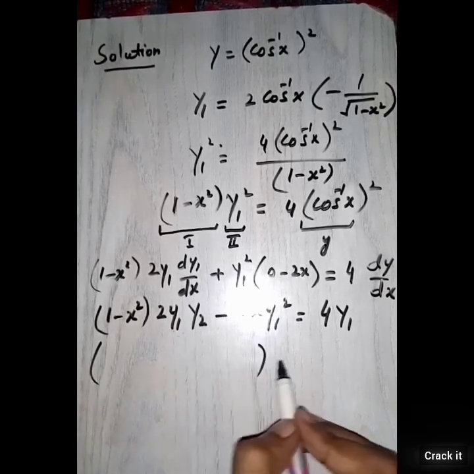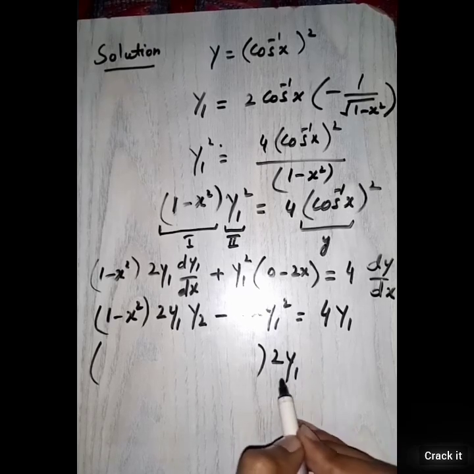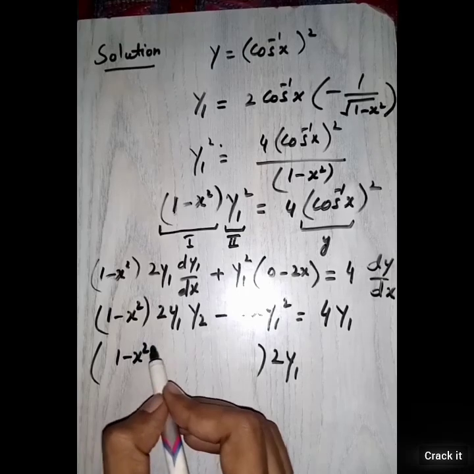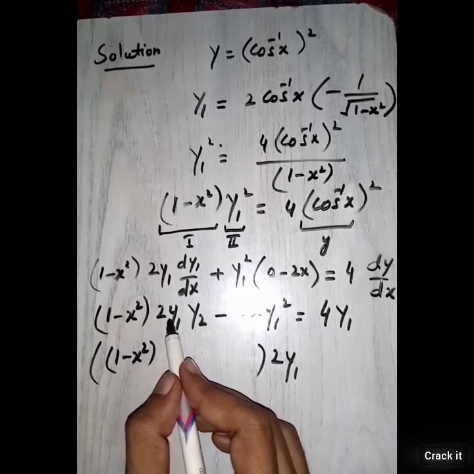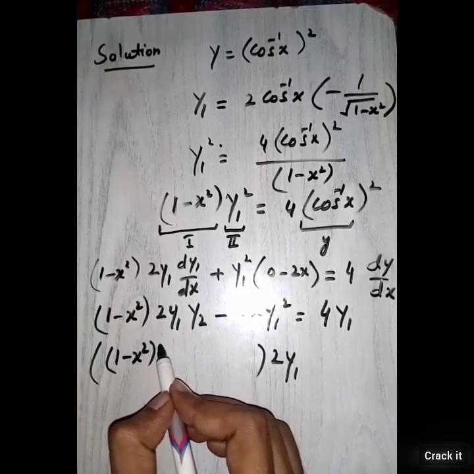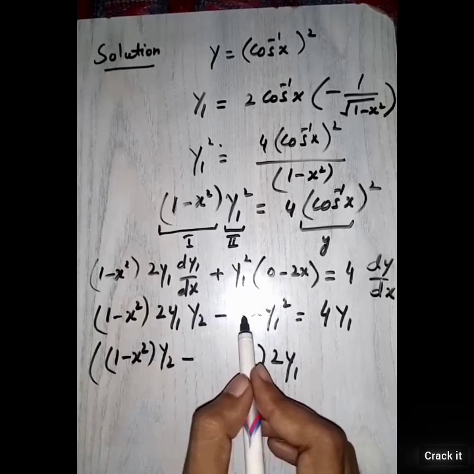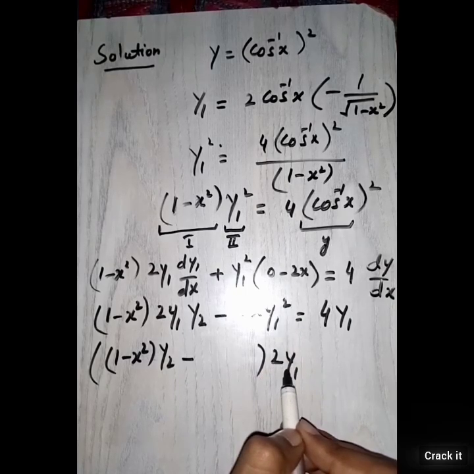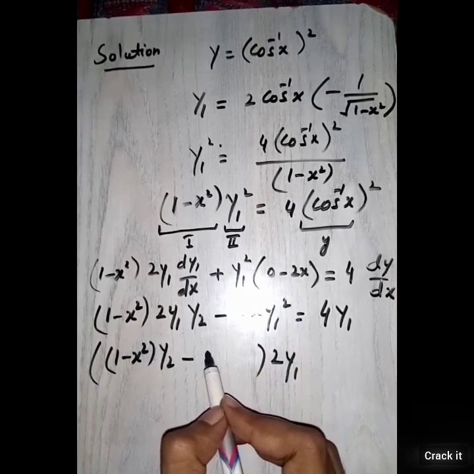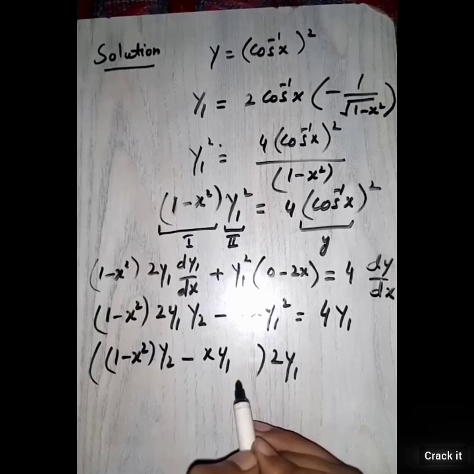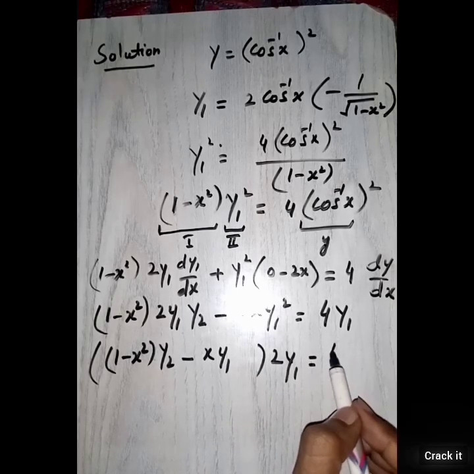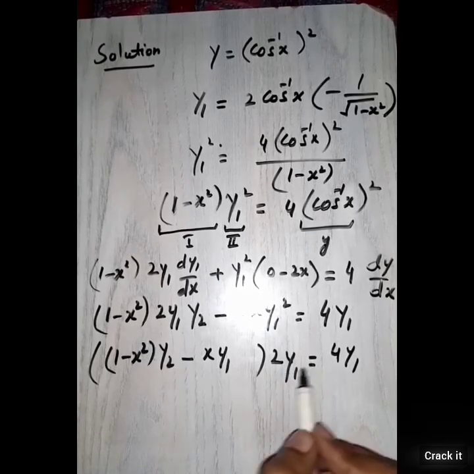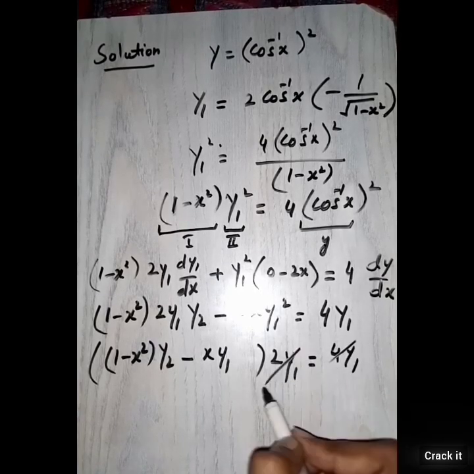We will take this 2y1 as common, and after taking it as common, we are remained with 1 minus x square into, as this 2y1 is taken out as common, so here we are remained with y2 minus, as this 2 is taken out as common, and 1 y1 from this y1 square is taken out as common, and we are remained here with x y1 equals 4y1, and this 2y1 will be cancelled out with this 4y1, and here we are remained with just 2.